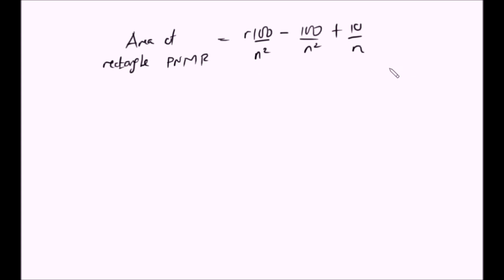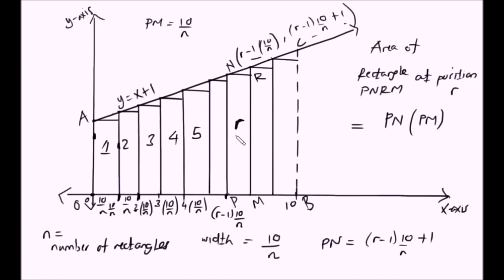So this now is the area of rectangle PNMR, where R, the position of the rectangle, is unknown. So this is the area of this rectangle R here. R is the position of the rectangle.